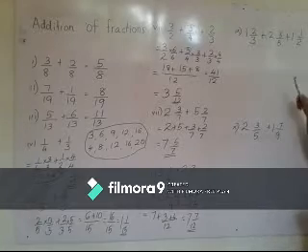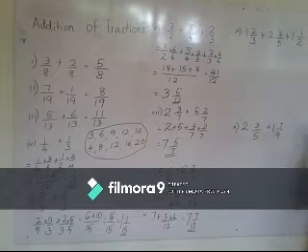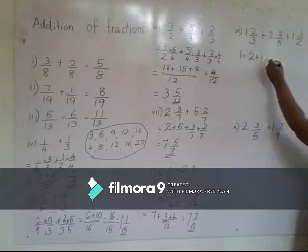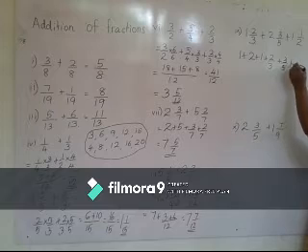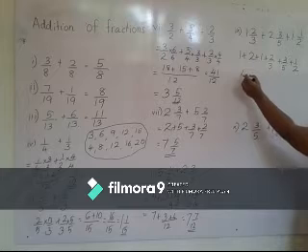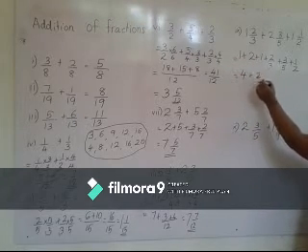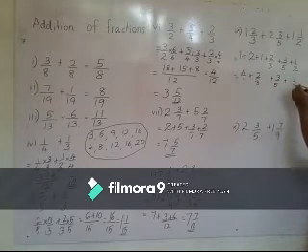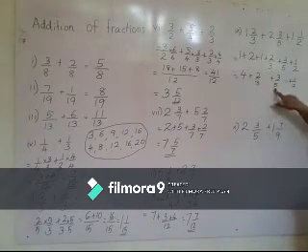Next, here there are 3 mixed numbers. We will take the whole numbers separately. 1 added to 2 added to 1. Added to 2/3, added to 3/5, added to 1/2. 1, 2, 3, 3 added to 1 is 4. Then 2/3, 3/5, 1/2.